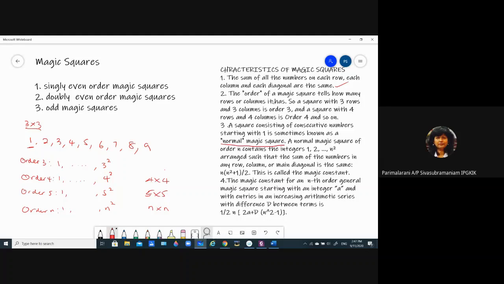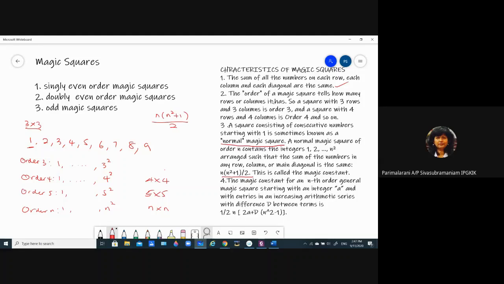So far so good? So a normal magic square of order n contains integers 1 until n square, arranged such that the sum of the numbers in any row, any column and main diagonal is the same. The sum for a normal magic square is given by this formula: n times n square plus 1, over 2.